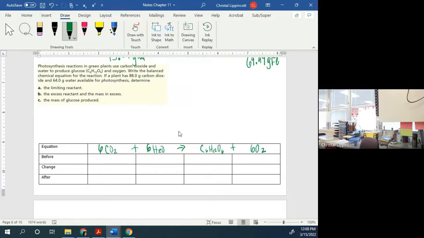You don't use, that is times 2. Carbon dioxide, the molar mass of that is 44. You've got 1 carbon and 2 oxygens. Carbon is 12, and 32 is 44.